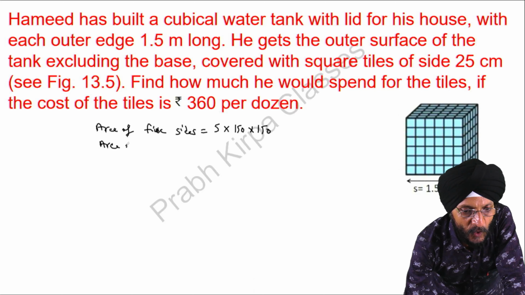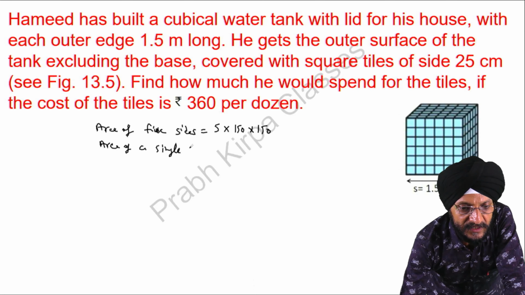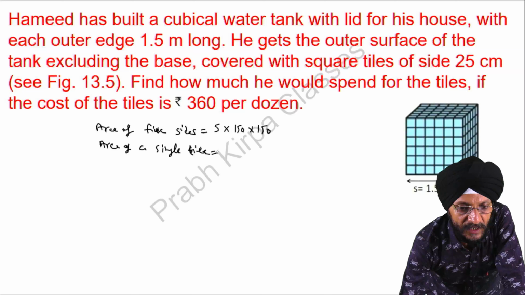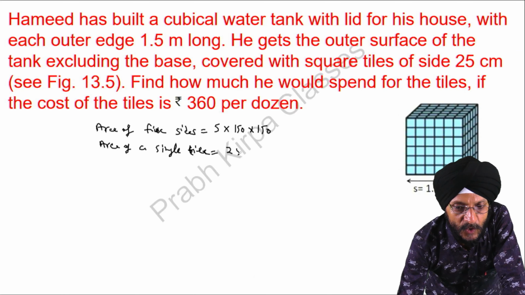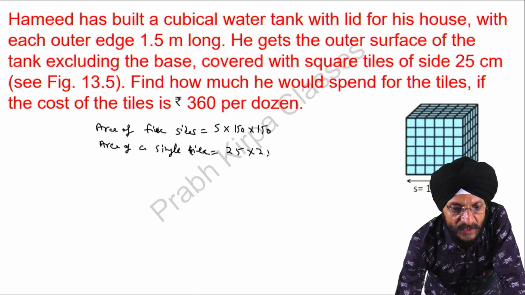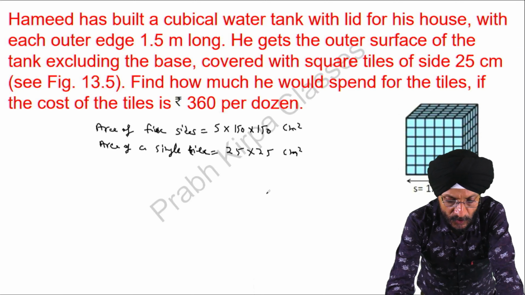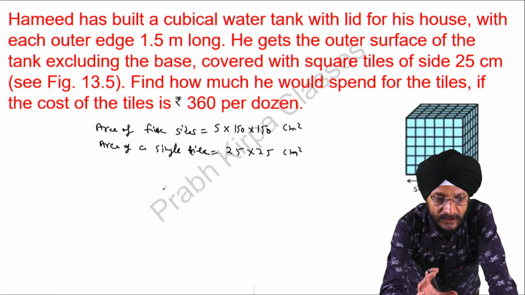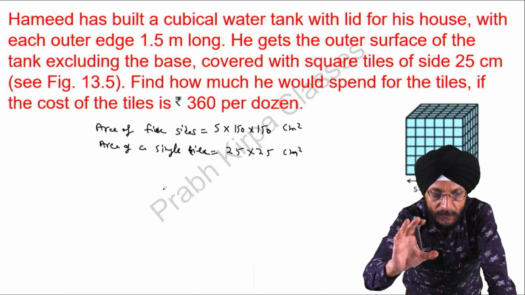Then the area of a single tile was 25 into 25 square centimeter. So now we have to calculate the number of tiles.